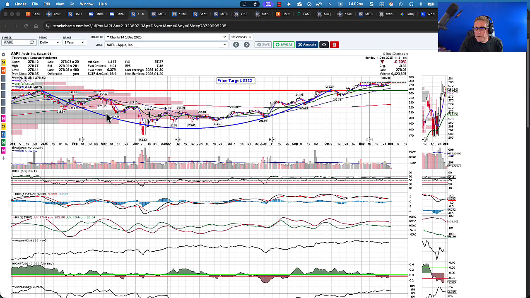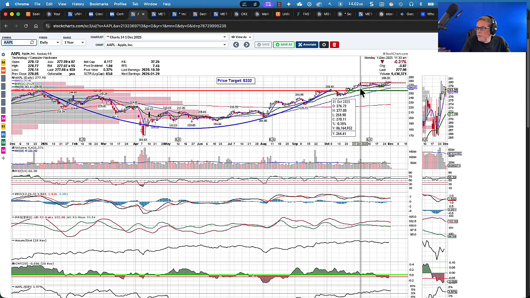But in the process, it formed a cup with handle pattern. And once that pattern formed, you take basically the delta between the rim of the cup down to the low, and then you add that to the value at the rim of the cup, and that gave me a price target of $332.